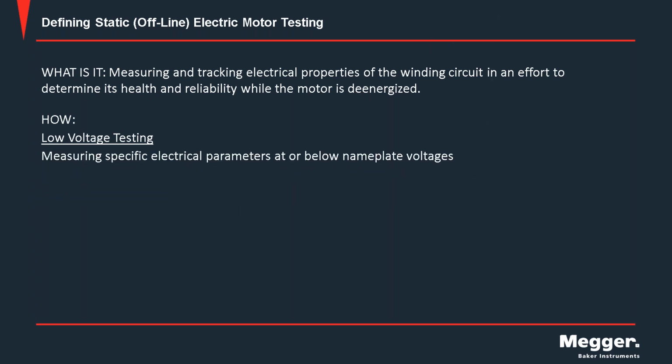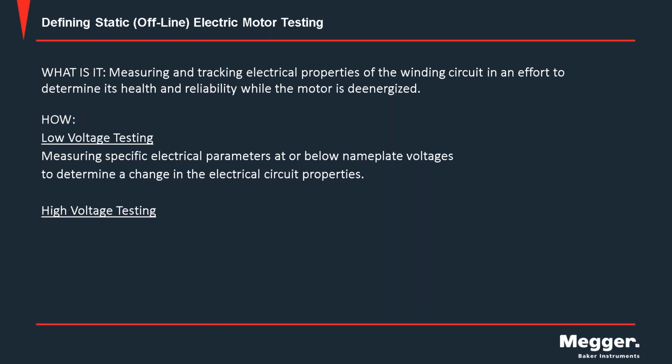This includes our resistance, inductance, capacitance measurements, and MEGGER testing, where we're measuring specific electrical parameters at or below nameplate voltages to determine a change in the electrical circuit properties. So that's looking at trending, comparison over time, or relative to known values, and we look for percent deviation from those known or standard values.